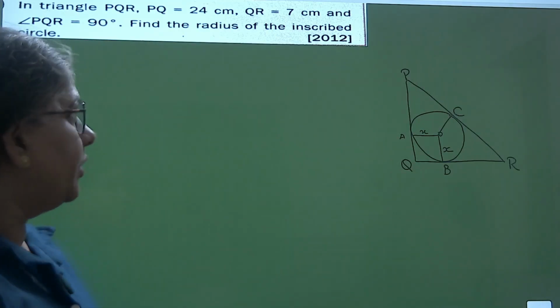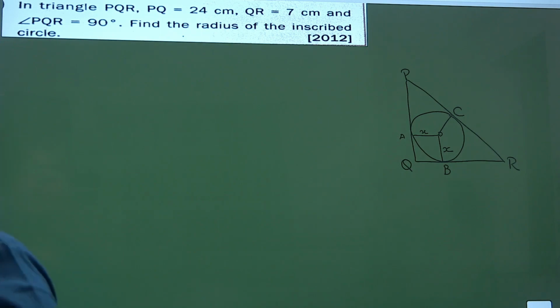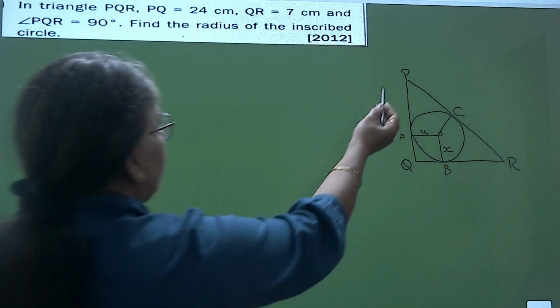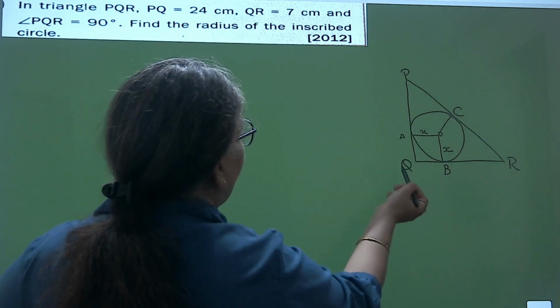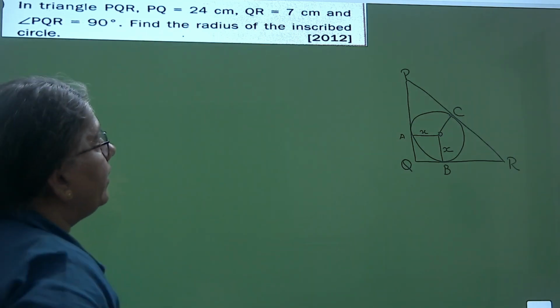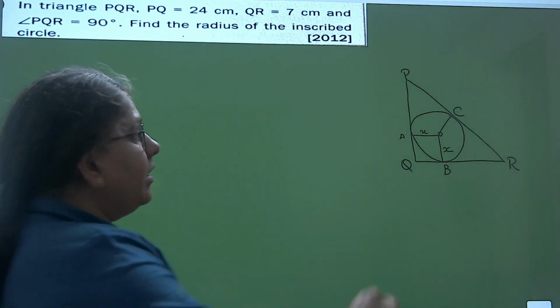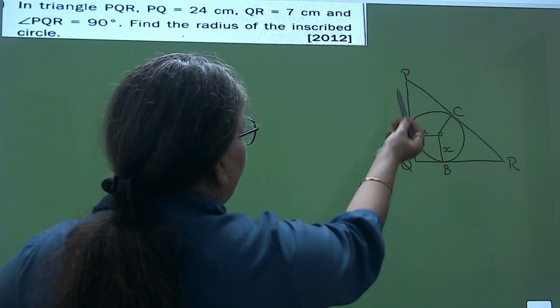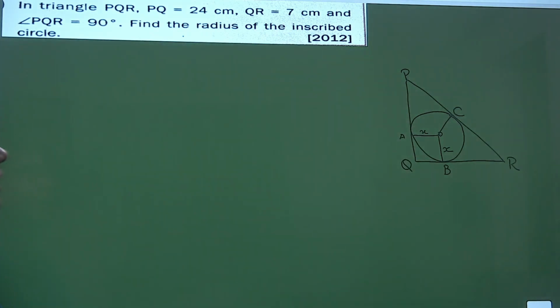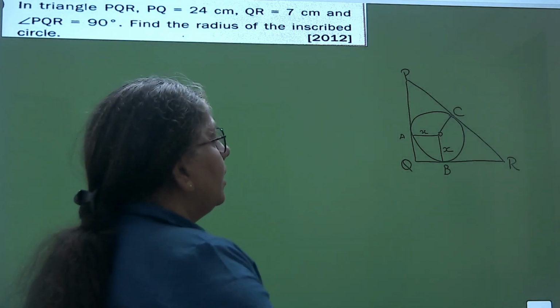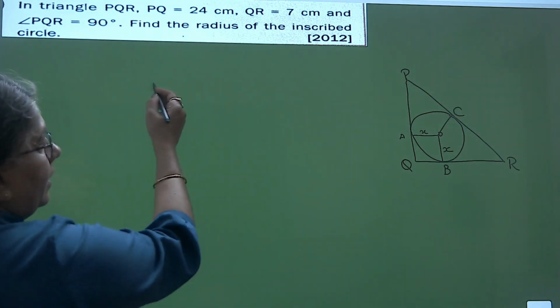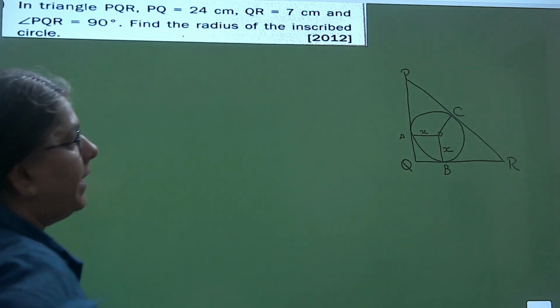See, in this question it is said, in a triangle PQ is 24 centimeters, QR is 7 centimeters and angle PQR is 90 degrees. We have to find the radius of the inscribed circle. Okay, so using Pythagoras theorem we can find PR.